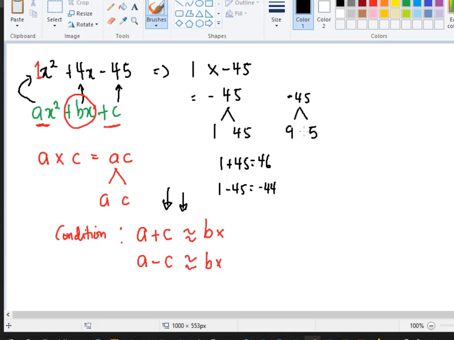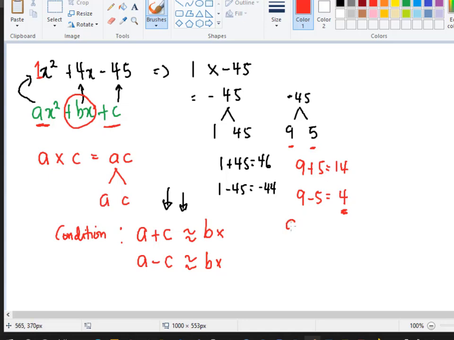But when we take the factors 5 and 9, and we add, 9 plus 5 gives 14, which is again way far from what we are looking at. But when you do 9 minus 5, we get a positive 4.